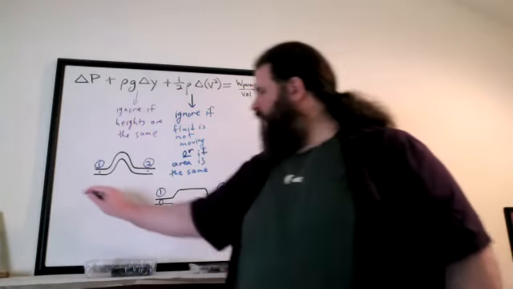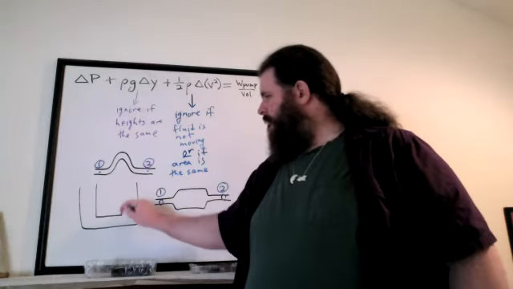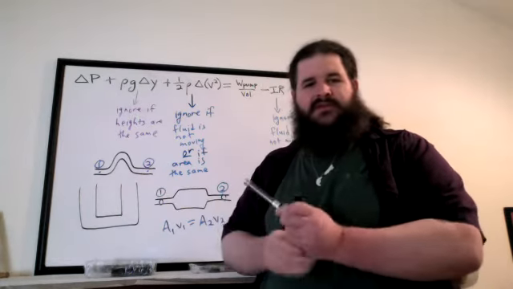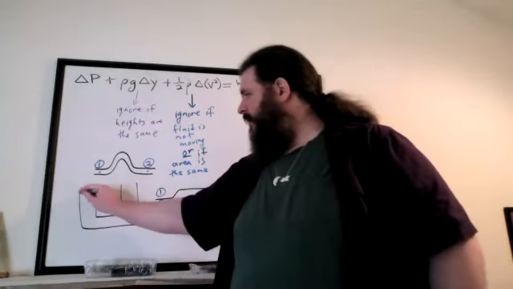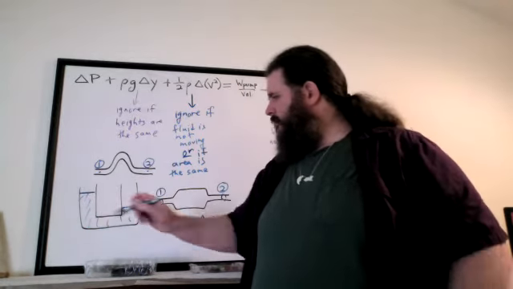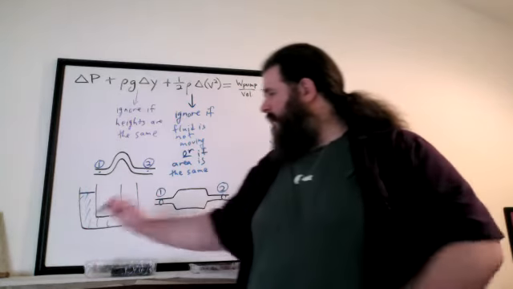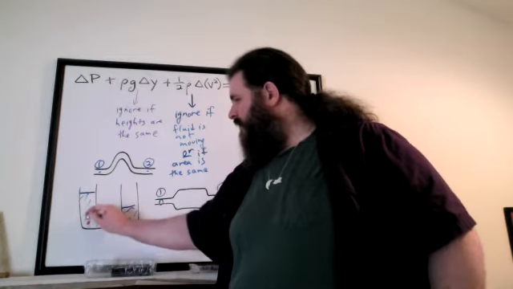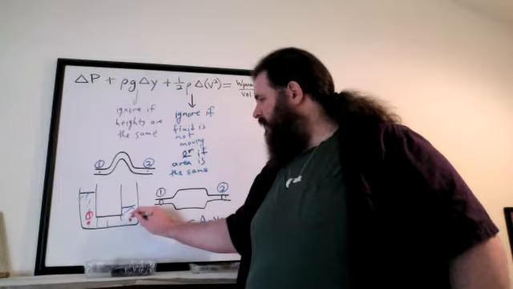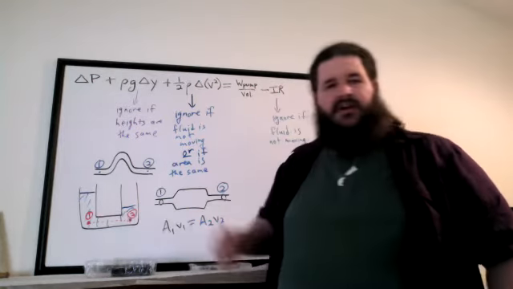And even if you've got some strangely shaped pipe with different levels of fluid in it, maybe you've got some fluid level here versus here, and for some reason they're at different levels. If you're comparing this location and this location, these 2 locations are at the same height as each other.